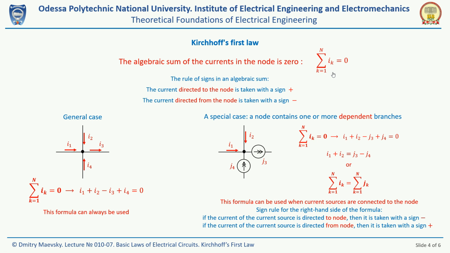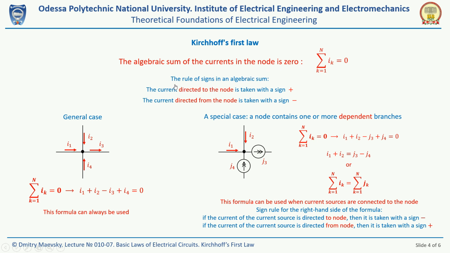Usually, when we are talking about the algebraic sum, it means that its components can be included in the sum both with a plus sign and with a minus sign.